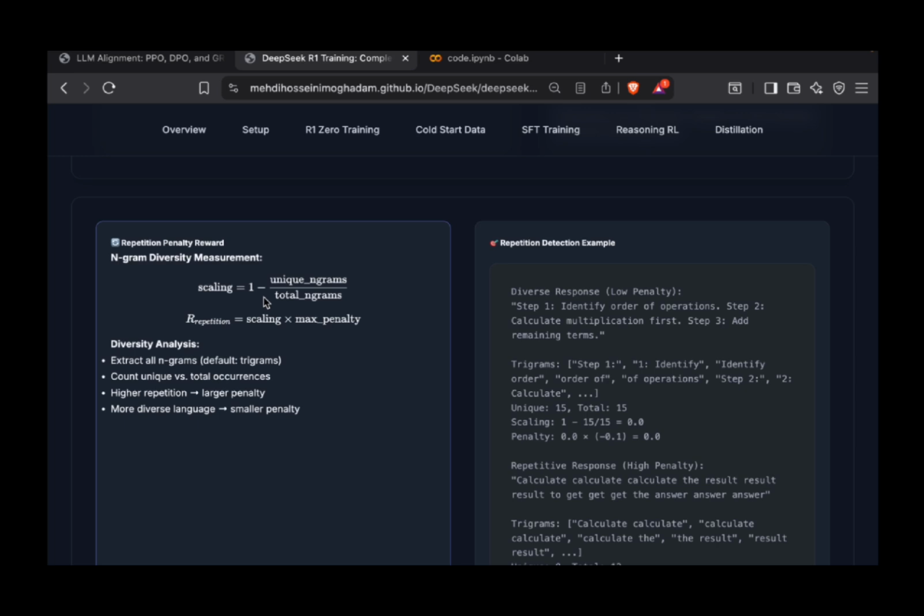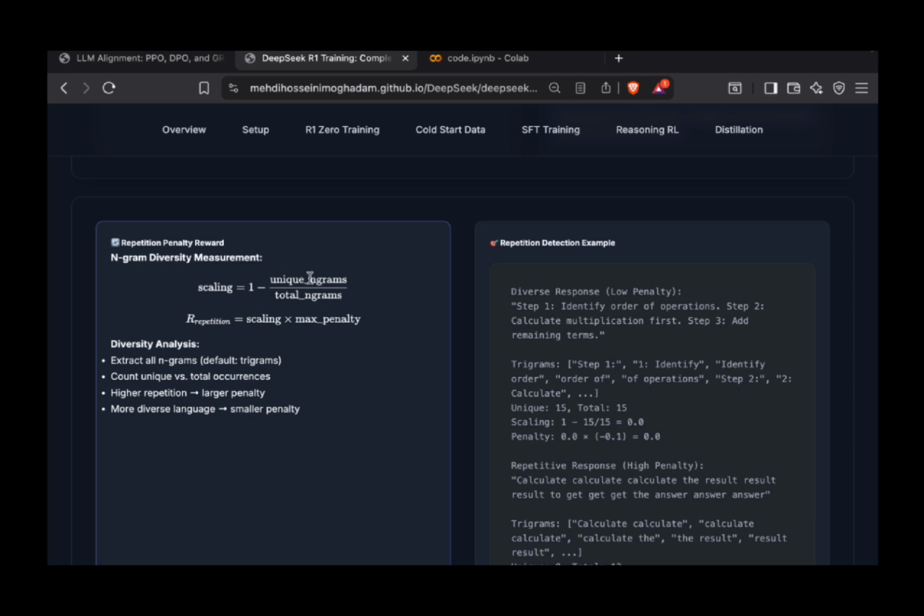And also there is another reward function, which tries to make sure that there aren't that many repetitive words in our response. The way it works is we can calculate it with an n-gram diversity measurement. Imagine that we have 3-grams or 4-grams. We have unique n-grams and the total of the n-grams.